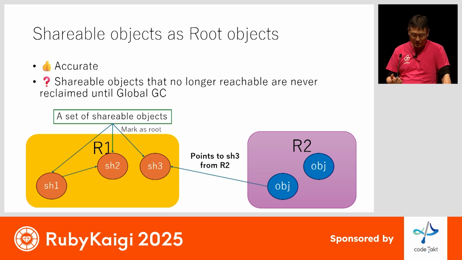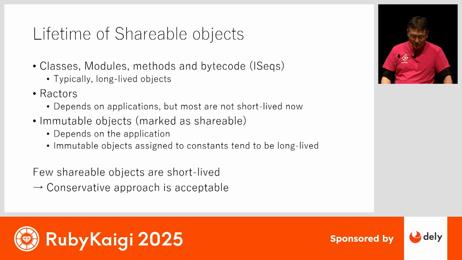That means memory for such objects may stay around longer, but the benefit is we can safely run GC in parallel per Ractor. In practice, most shareable objects are long-lived. For example, classes, modules, methods, and bytecodes are, of course, long-living objects.